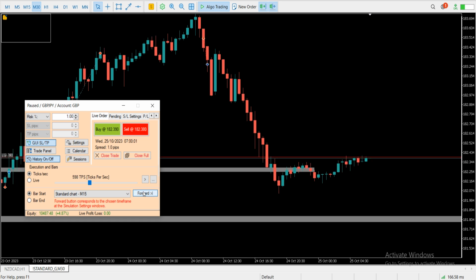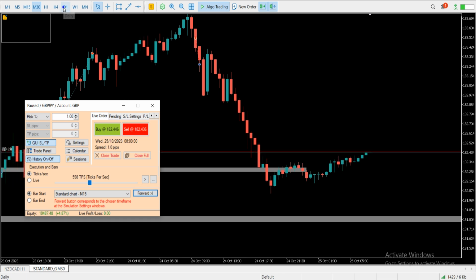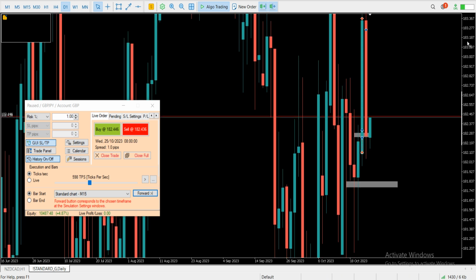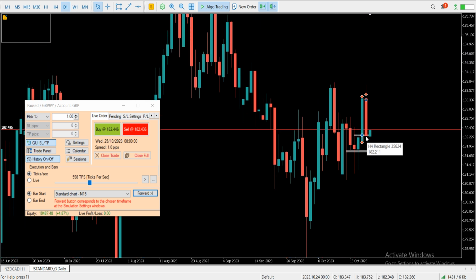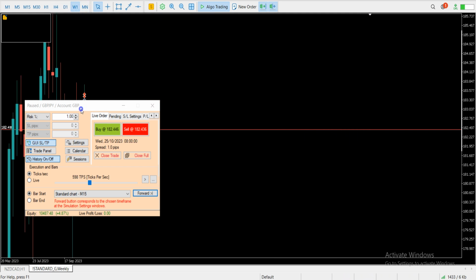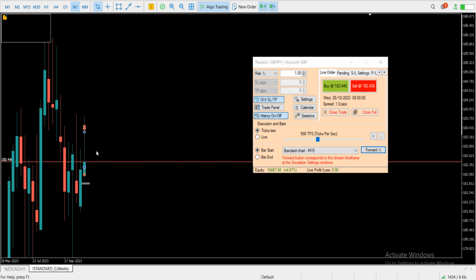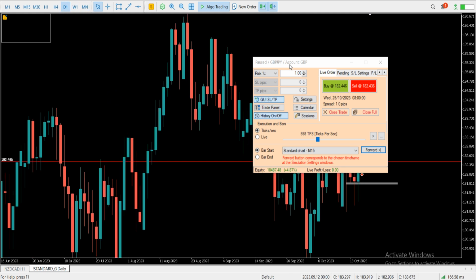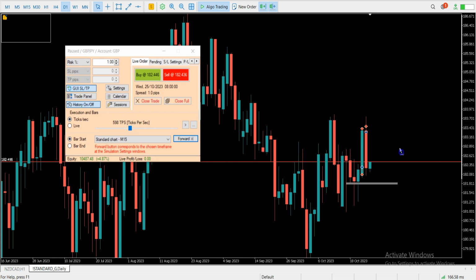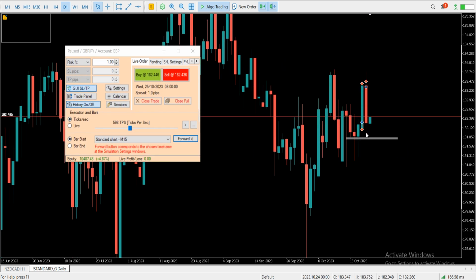Eight o'clock, same time. By looking at the daily, we closed bearish. If we closed bearish, let's take a look at the weekly candles. Weekly candle is rejecting. This candle can wick up and then go down, maybe till this wick fill.